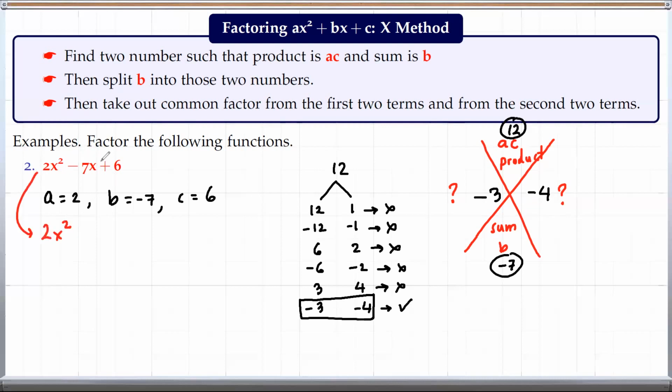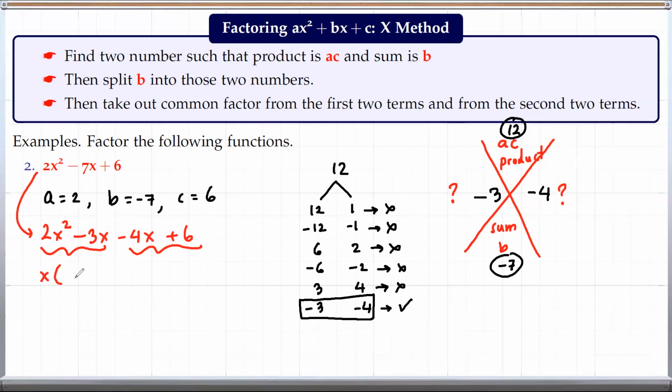And then split this -7x into -3x and -4x plus 6. So now we need to factor whatever is common from these two and whatever is common from these two. From here, you see, we can factor out x.